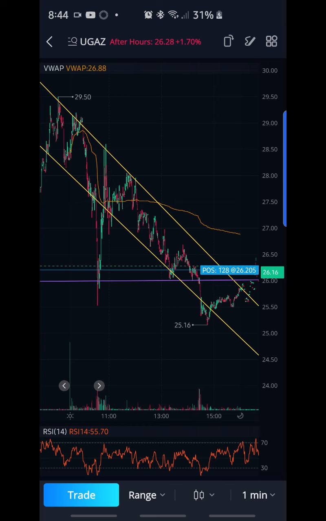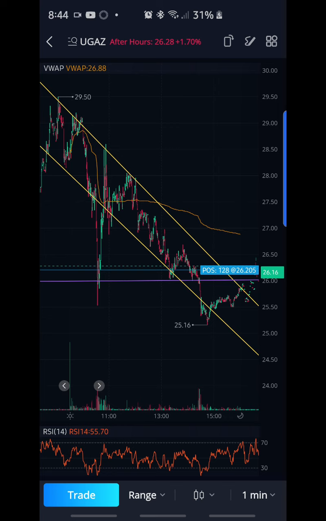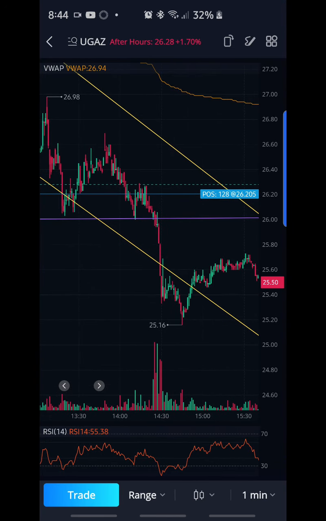If you look at the yellow lines, the lines for my trend are usually in yellow. Okay, and the line for support and resistance is usually purple. And as you see, this orange line is the VWAP line.